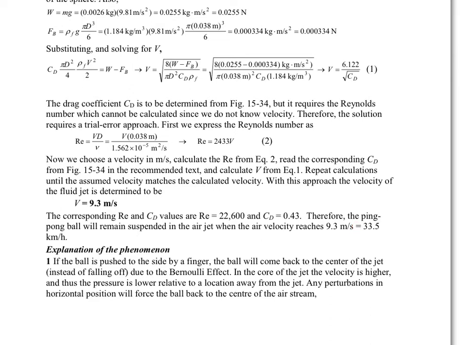Now, in the second half, you're supposed to discuss what happens when the ball is pushed slightly to the left or to the right. Now, let's get back to the diagram.